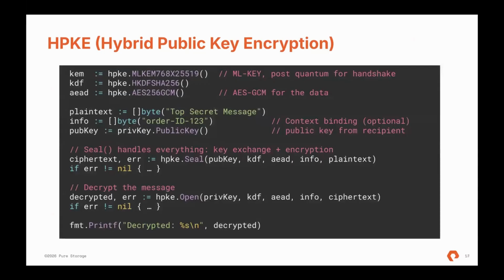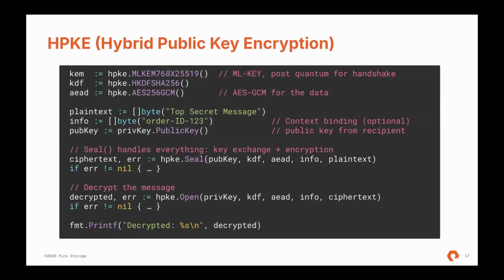So just to give an example of what it looks like now to encode a message with encryption in just two, and decode it in two simple steps. You first define the key encapsulation method. So in this case, for example, the post-quantum one, you define the type of the symmetric key.